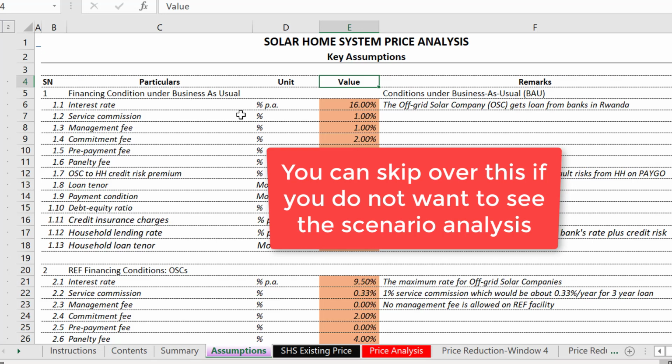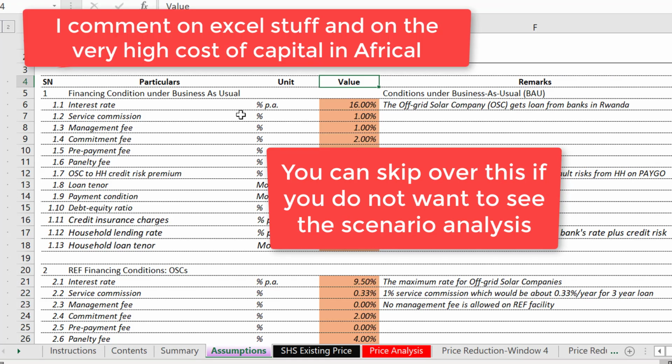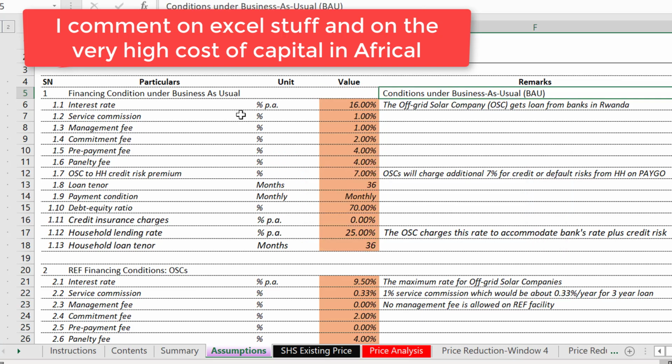Okay. Now part of what I'm going to do is go through some Excel. I'm going to take these financings, and they had something called a BAU case. I didn't know what it was, but it's apparently called business as usual.